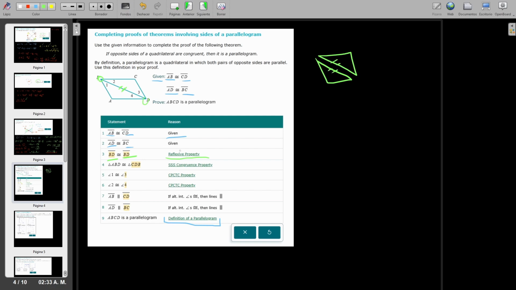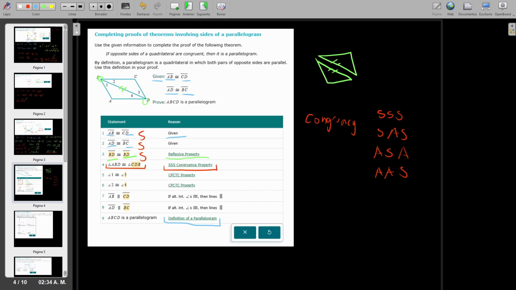Okay, that is the reflexive property. Now they are asking us to be proving that these triangles are congruent. Remember the side-side-side congruency, side angle side, angle side angle, angle angle side congruency. Well, because we have a side that is the same, and again another side that is the same, we put the side-side-side property.